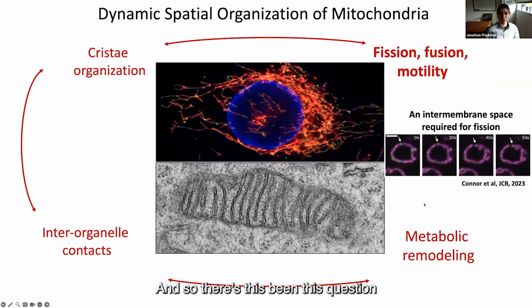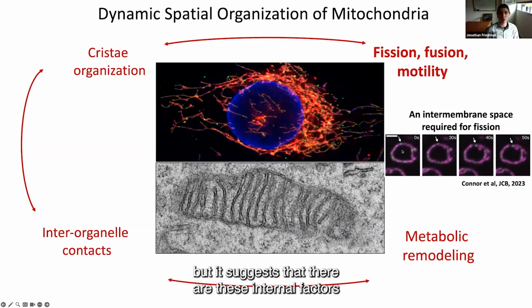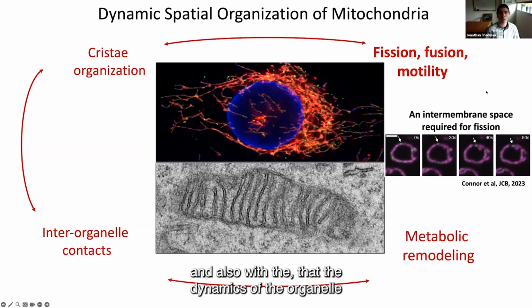There's been a question present in the dynamics field for probably 20 years: how do you coordinate mitochondrial division across two membrane bilayers? What we think is that we've identified at least the first thing that we know is required. This is a budding yeast protein that isn't necessarily conserved in humans, but it suggests that there are these internal factors that are cross-talking with both MECOS and with the dynamics of the organelle that is really tuned into these interorganelle contact sites.